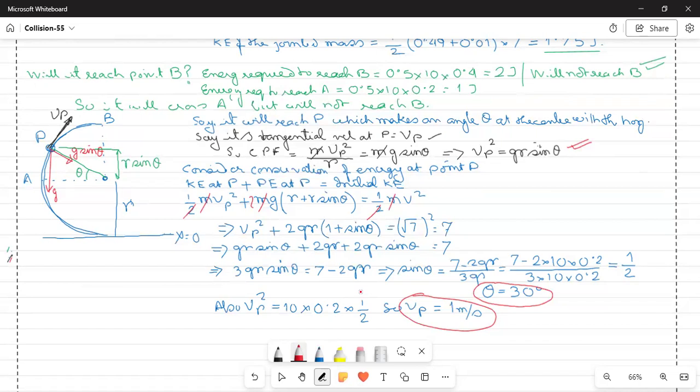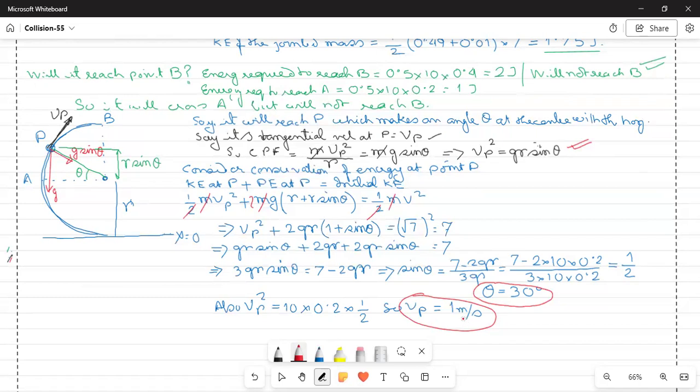That means the jointed mass will reach the point P and then it will lose its contact. It will not reach above this. And when it reaches P, it makes an angle 30 degree with the center and its tangential velocity is 1 meter per second.